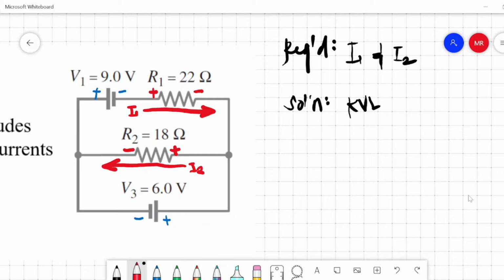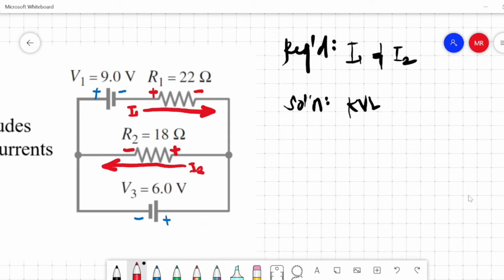According to Kirchhoff's law, the sum of all the positive potential and the negative potential is equal to 0. Or it is the sum of all the potential rises and the potential drops in a closed loop. So the sum of all the potential drops and the potential rises is equal to 0.